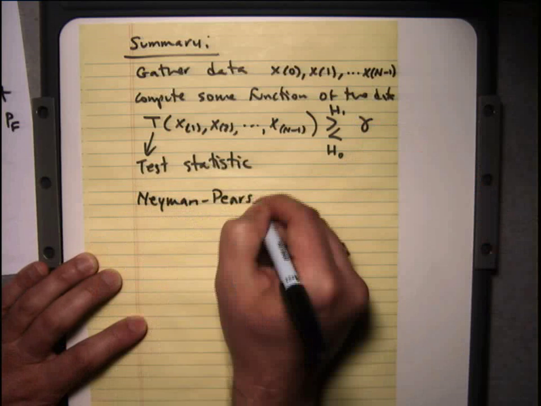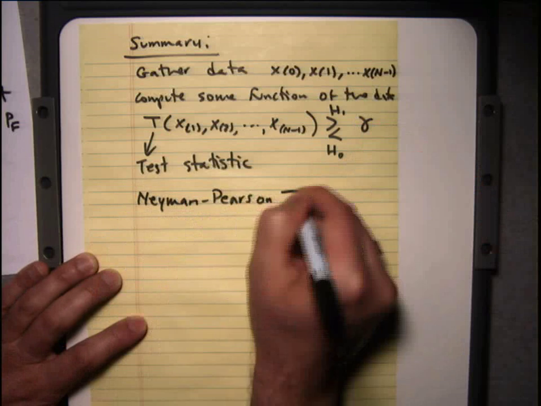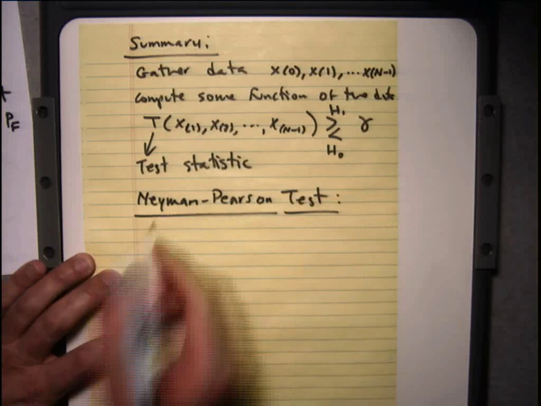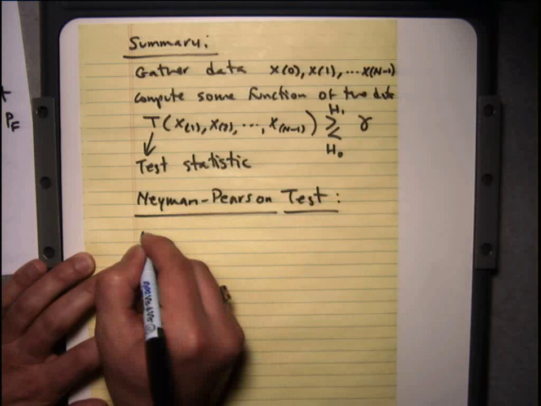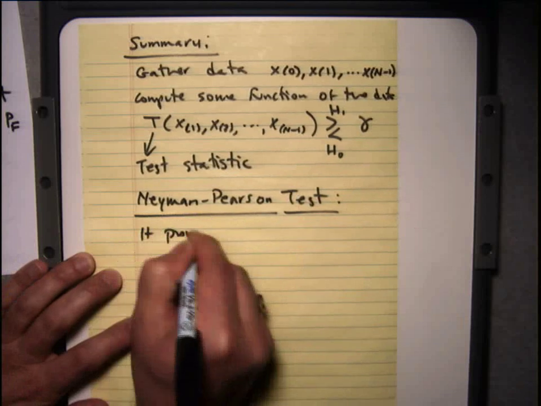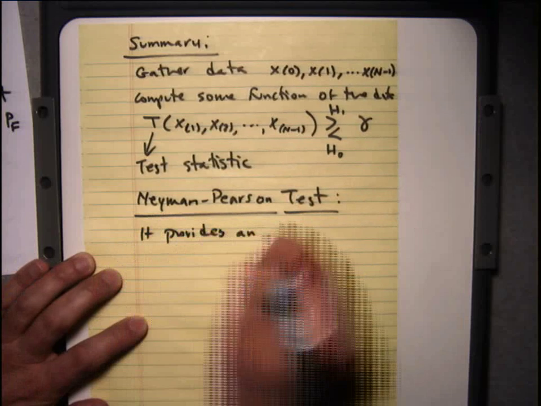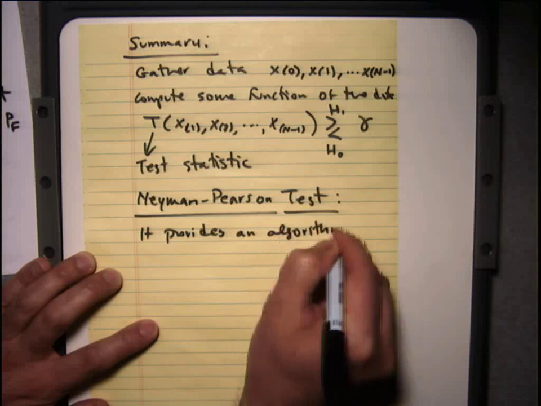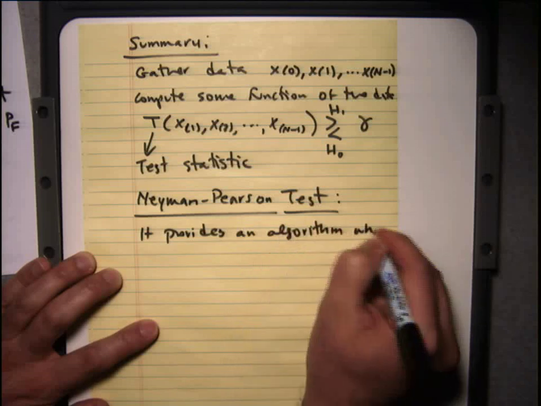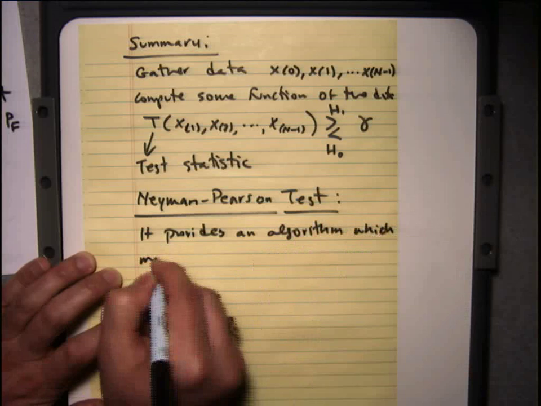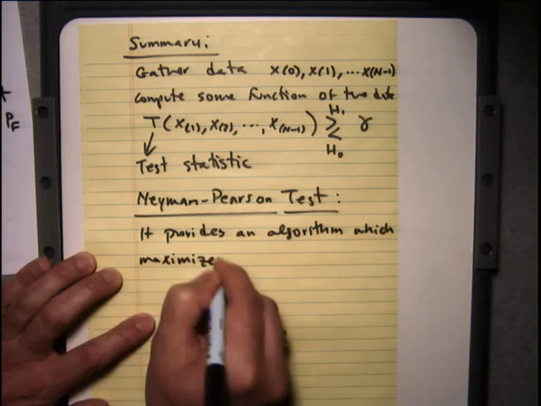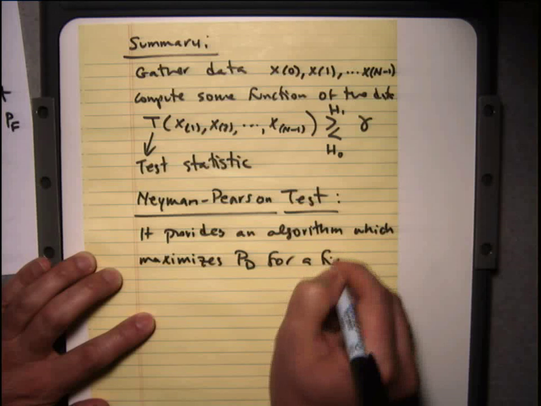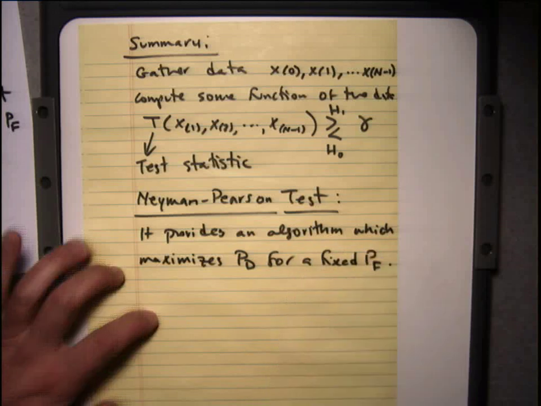I won't have time to prove it this time, but what it does is it provides an algorithm which maximizes the probability of detection for a fixed probability of false alarm.